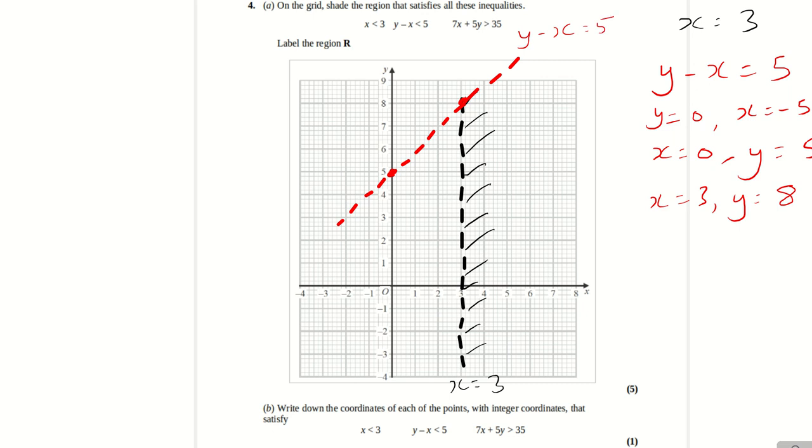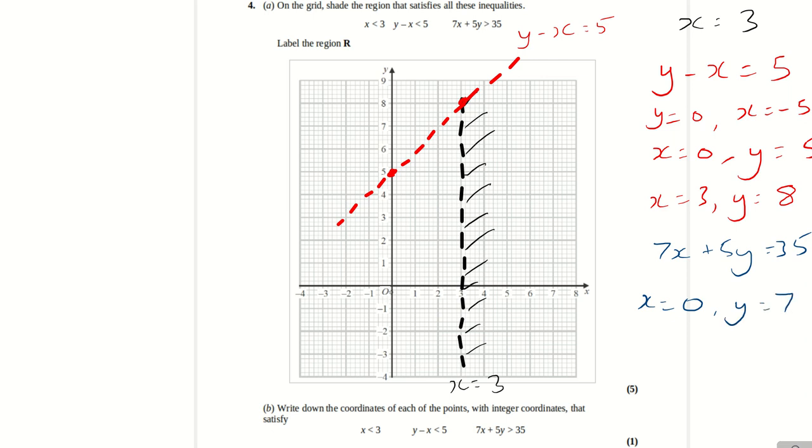Next one, 7x plus 5y is greater than 35. So I write the equation 7x plus 5y equals 35. And that's also going to be a straight line. Now, when x equals 0, we're going to have 5y equals 35, so y is going to equal 7.